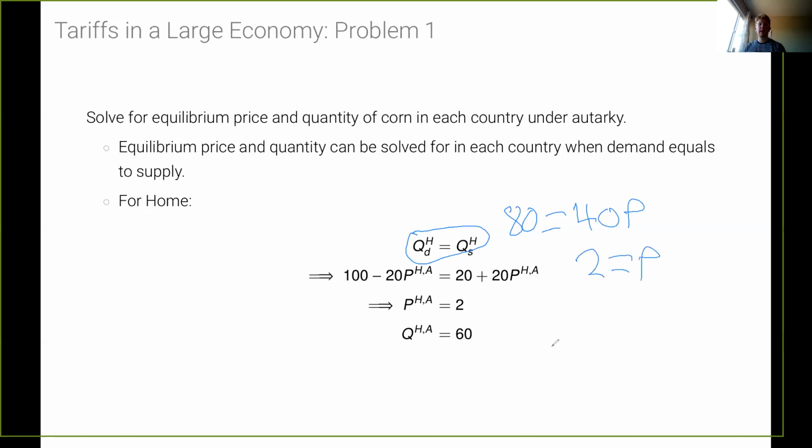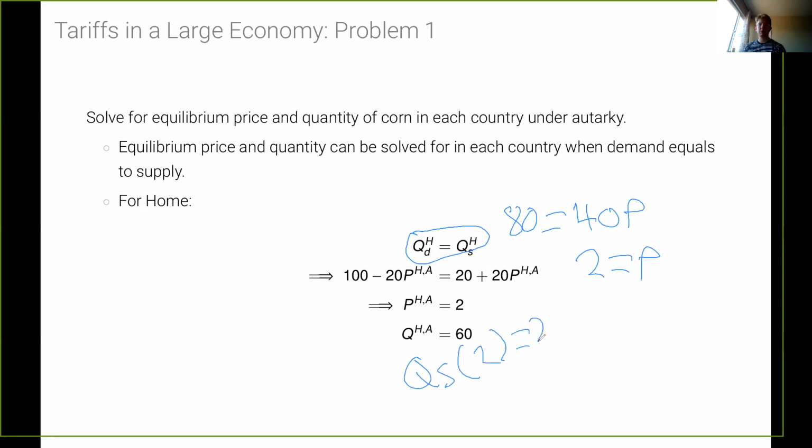Okay. And then if I want to plug back in for the quantity that's going to be produced, I can plug a price of 2 into either the demand or supply equation. So let's do the quantity supplied at a price of 2.